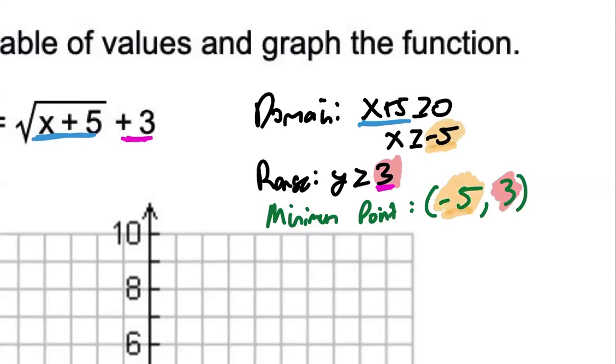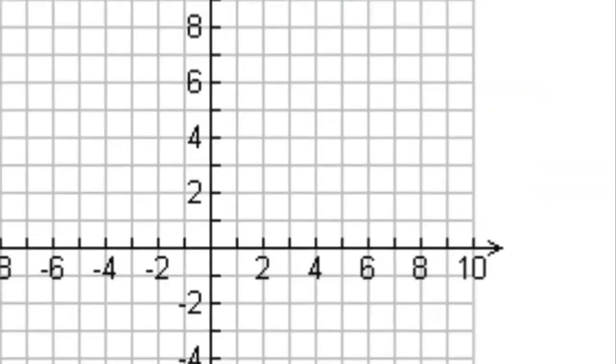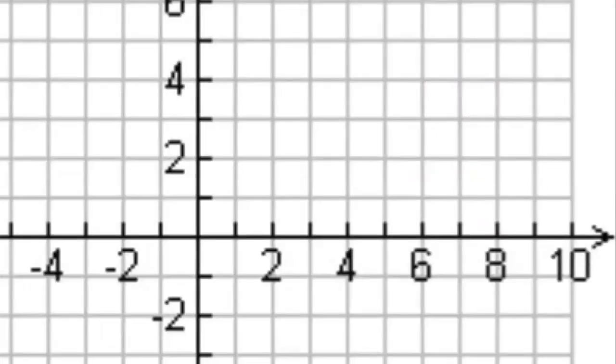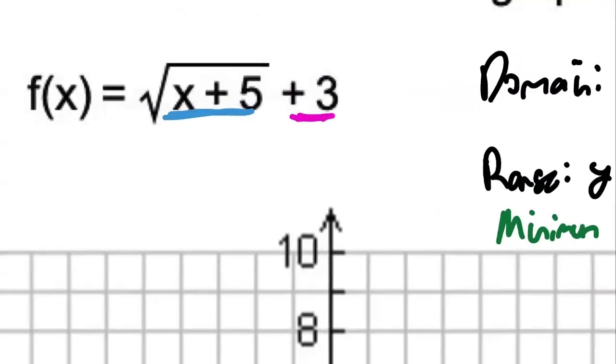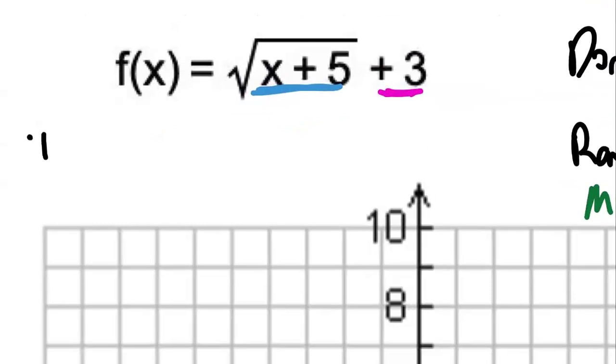So that's it. Okay. So here's how to do it the easiest and most accurate way. For a radical, remember we said that you start with 0, 0, 1, 1, and 4, 2, right? This is the original graph for a radical, square root of x. Now, I'm going to do the translation.